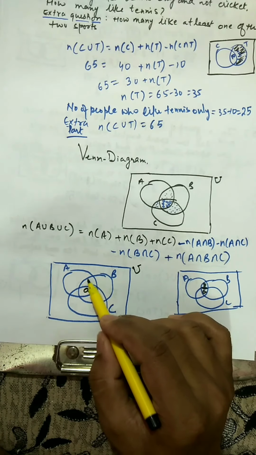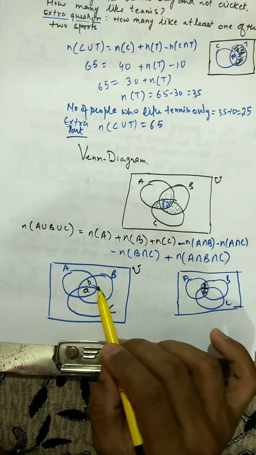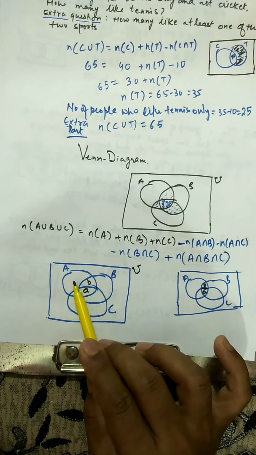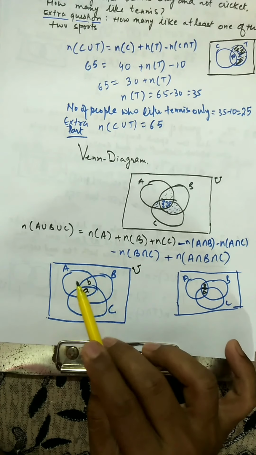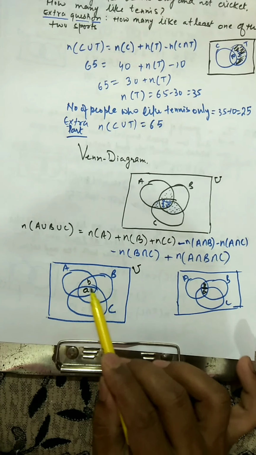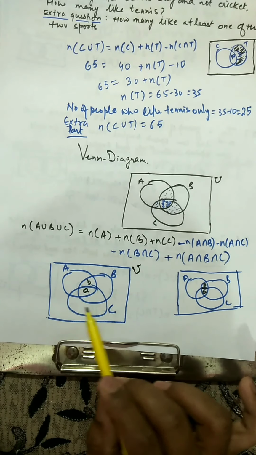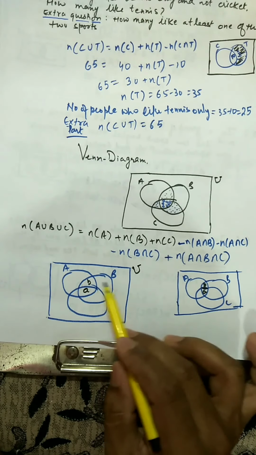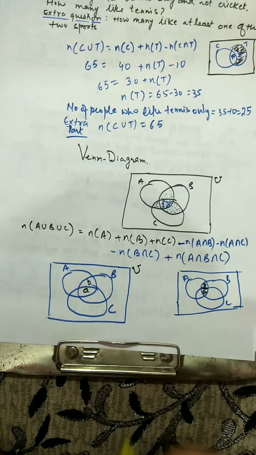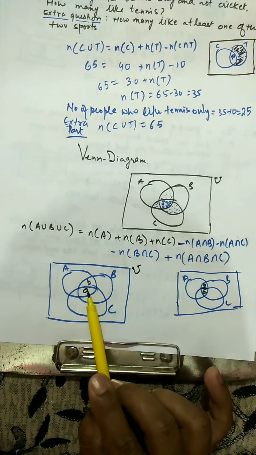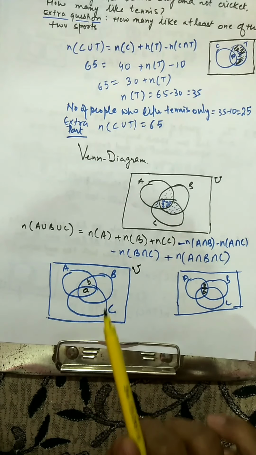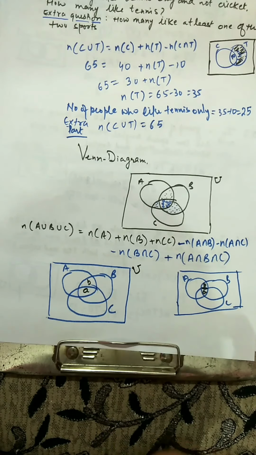Now consider small b. This is the area in which I am considering A intersection B, but I can say only the intersection of A and B, because if I take this a also, it means I am taking A intersection B intersection C as well. So that b area is the intersection of A and B only. Remember all the words which I am saying.